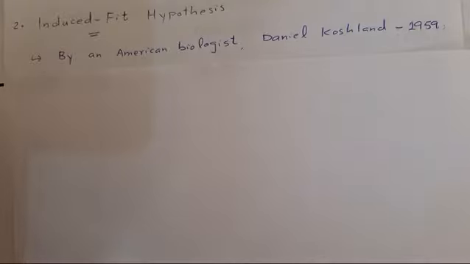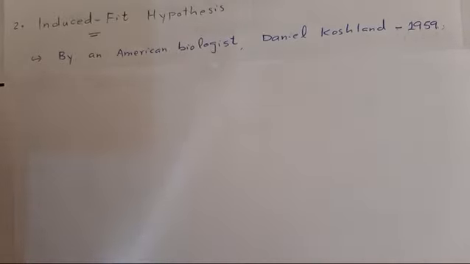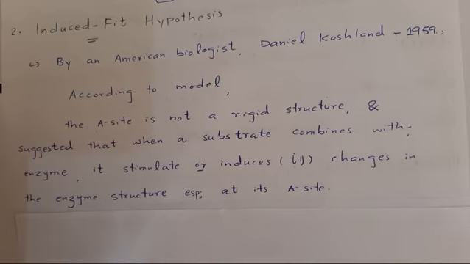Now we will study induced fit model, which was proposed by an American biologist Daniel Koshland in 1958. According to this model, the active site is not a rigid structure and suggested that when a substrate combines with enzyme, it stimulates or induces changes in the enzyme structure, especially at its active site.